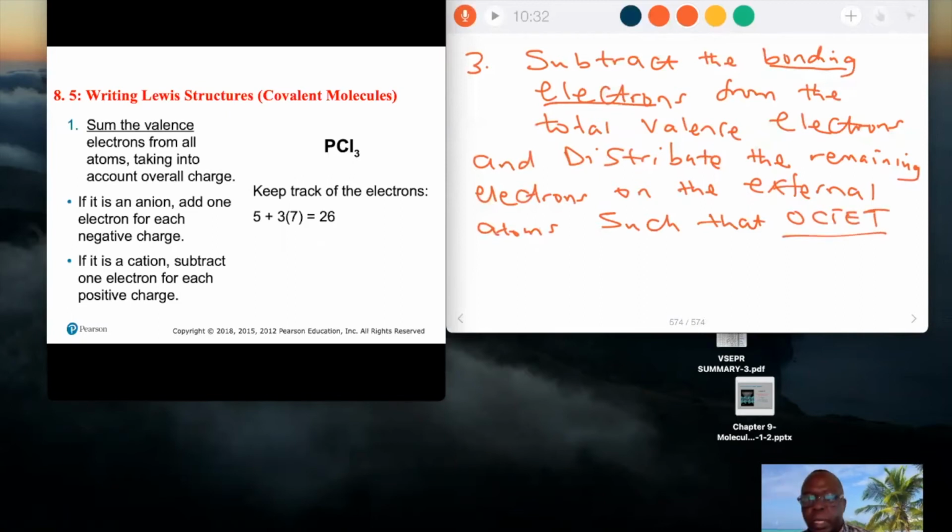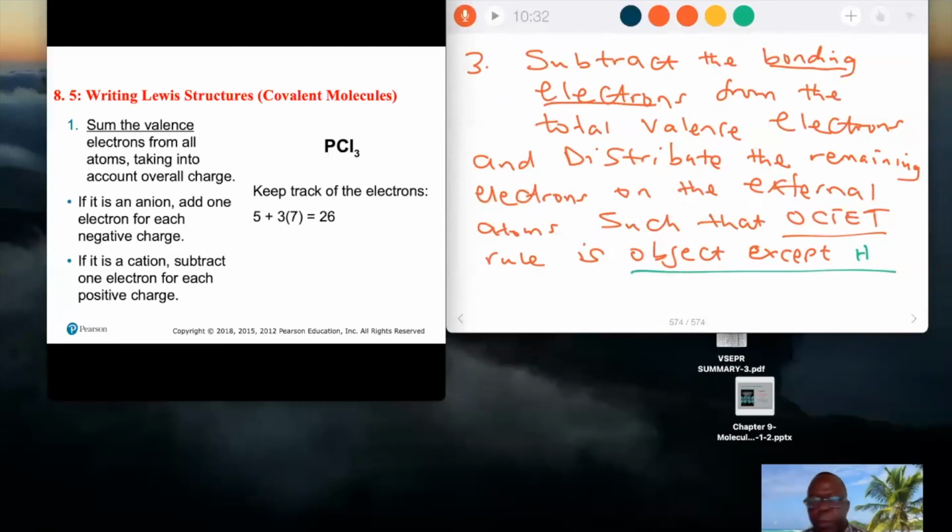Remember, octet means 8, octet rule is obeyed, except hydrogen. Hydrogen does not end up with 8 electrons. You may have an external atom being hydrogen. I don't want you to give hydrogen 8 electrons, it does not need more than 2.